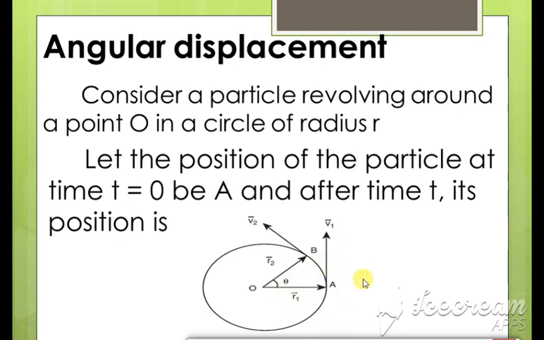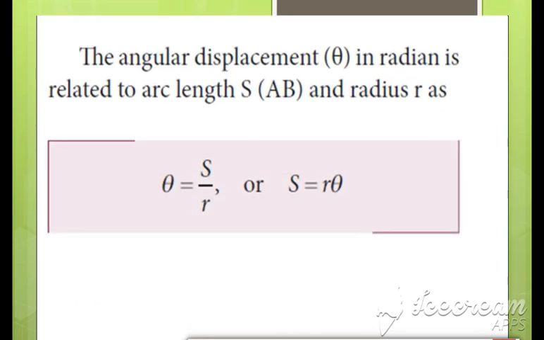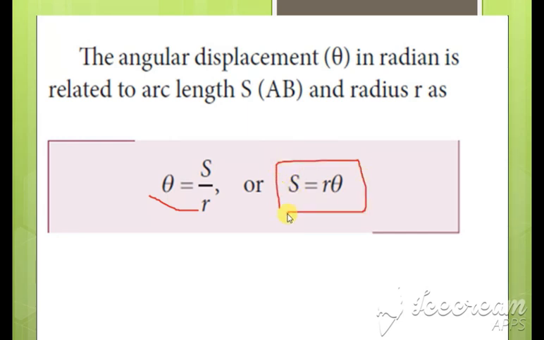So the angular displacement can be written as theta equals s divided by r. Now bring this r to this side, so we can write s equals r into theta. So this is the equation for the angular displacement: s equals r theta. Here the angular displacement is theta, the length of the arc is s, and the radius is r.